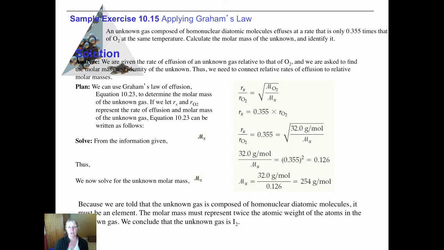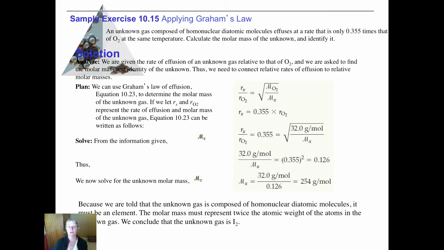So first thing is the rate at which X diffused relative to oxygen was 0.355 times that of oxygen. So if the rate of X equals 0.355 times the rate of oxygen, let's rearrange that to show the ratio of X over oxygen's rate. And that equals 0.355. Now we've cleaned up that side of the equation.